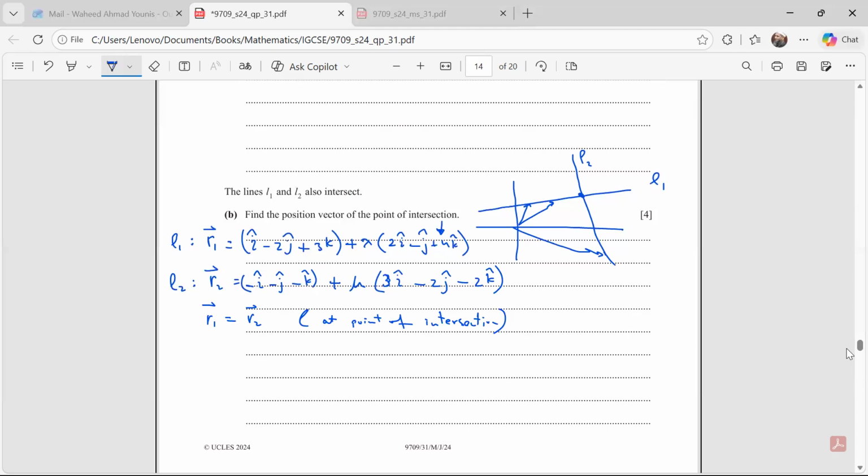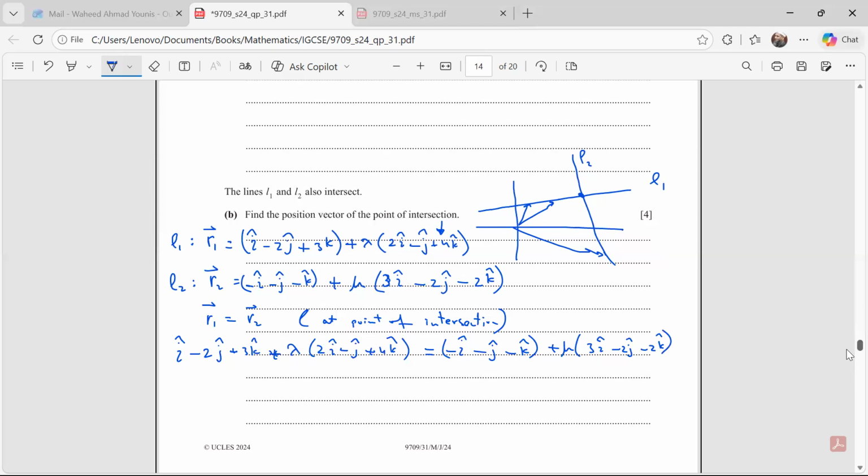So that means I can equate these two vectors: i minus 2j plus 3k plus lambda times 2i minus j plus 4k is equal to the second vector, which is minus i minus j minus k plus mu times 3i minus 2j minus 2k.